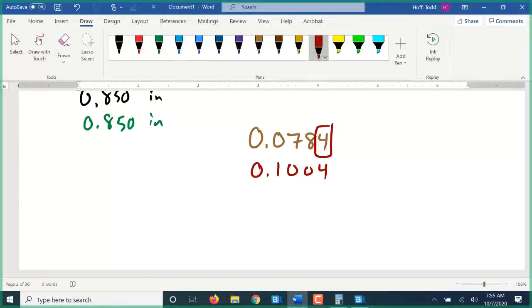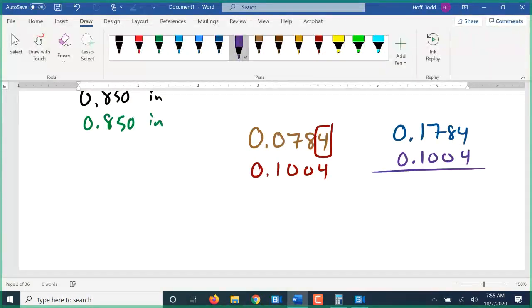So there's no way we can build up 0.0784. In fact, even if it was 0.1784, we can't build it. Because we would have the 1004, or the 100.4, for the first block, leaving us with 0.078 to build.